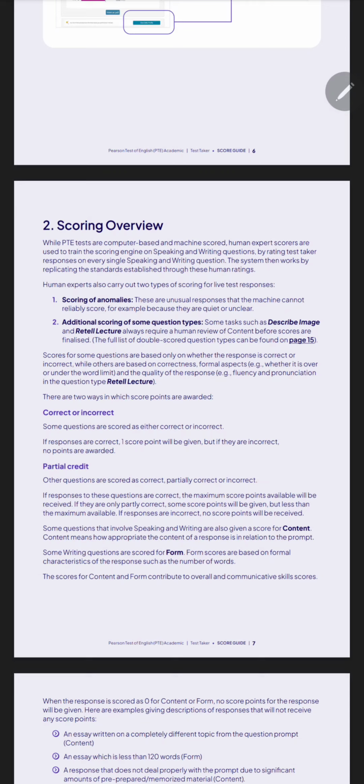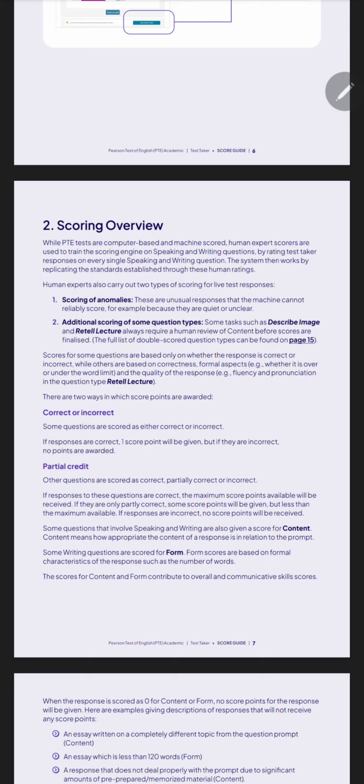Okay, scores for some questions are based only on whether the response is correct or incorrect, whilst others are based on correctness, formal aspects like whether it is over or under the word limit, and the quality of the response, for example fluency and pronunciation in the question type retell lecture.